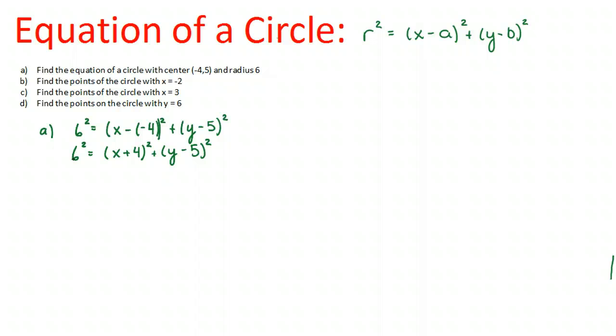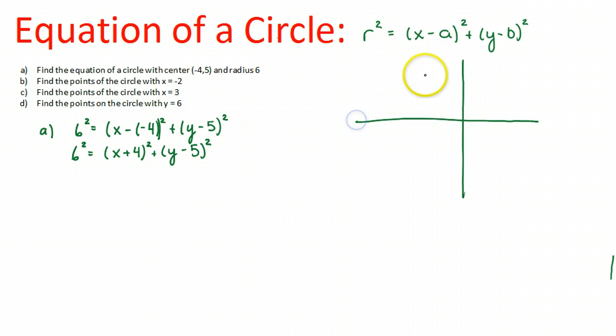So a really good question came up in class actually. So let's imagine I was to do a sketch of this circle. I'm just going to do a quick sketch over here. So we know the center we said was going to be negative 4, 5. And to get a feel for the shape, I'm going to count out 6 horizontally and vertically. So negative 4, if I count 6 to the right, it's going to take me to 2, 5.